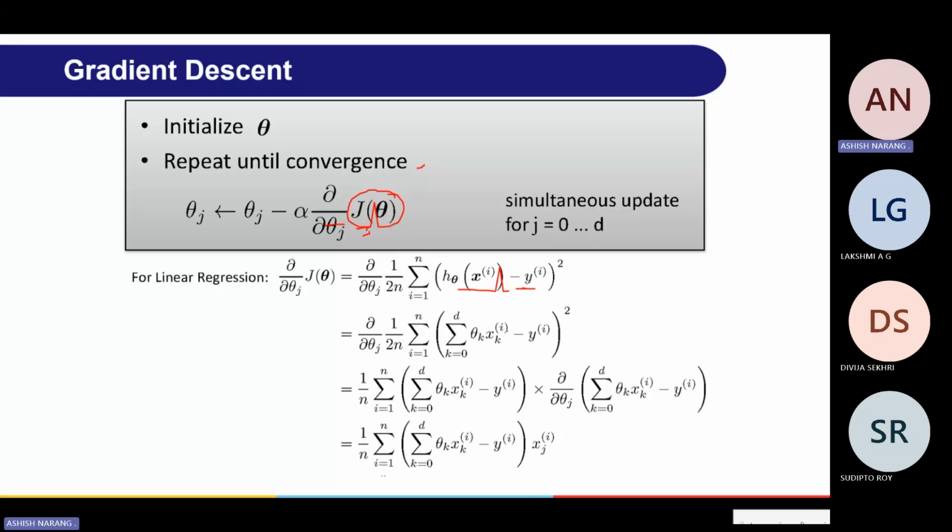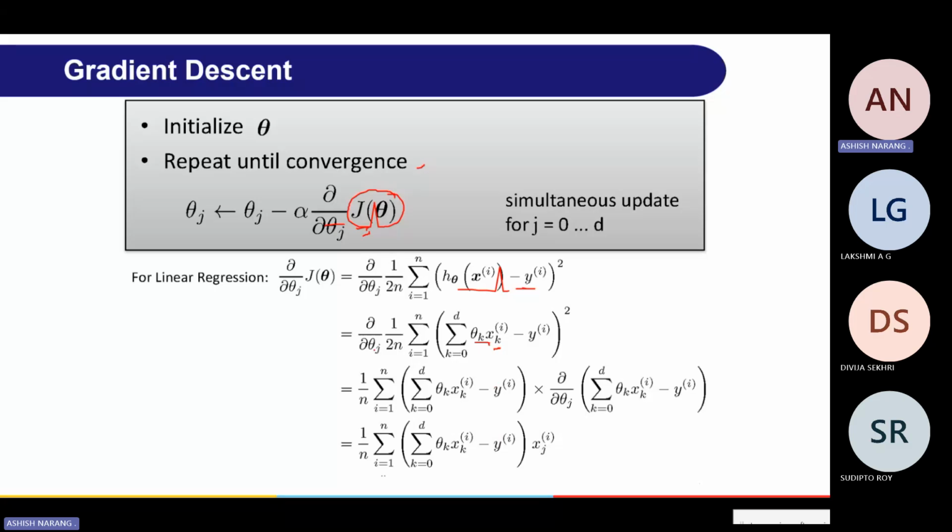This is for the ith observation, the k features, k is equal to 0 to d. So there are d features within it. k is another variable that they have taken to represent the number of features. Theta k xk minus yi. So first observation, first prediction minus first actual.